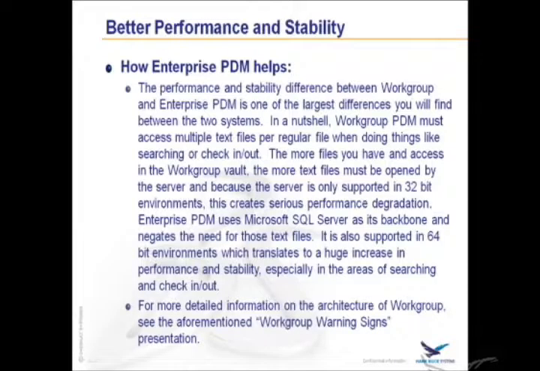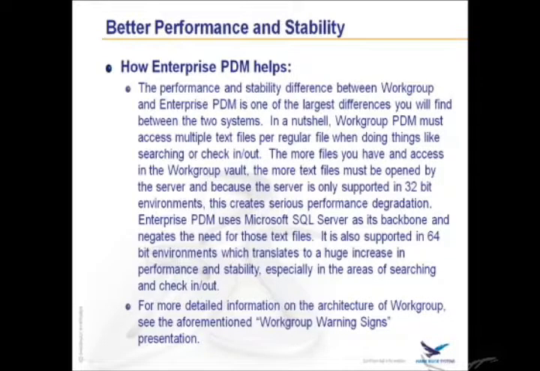And every time you create a revision of that file, you get a couple more text files that go with every revision. So what Workgroup ends up doing is accessing all these text files. So when you check out an assembly with a bunch of parts, well, Workgroup has to open all those text files on the server into RAM so that it can access and write to that data.